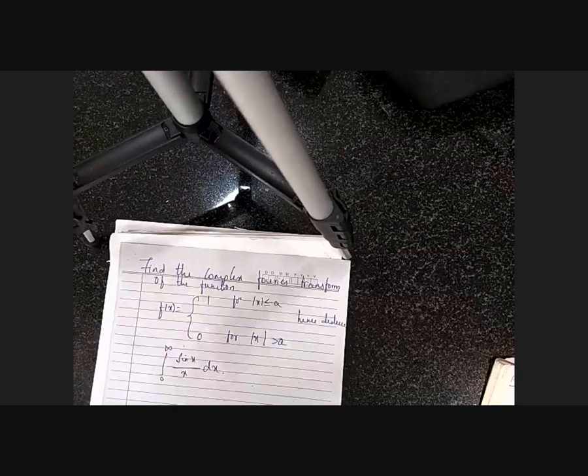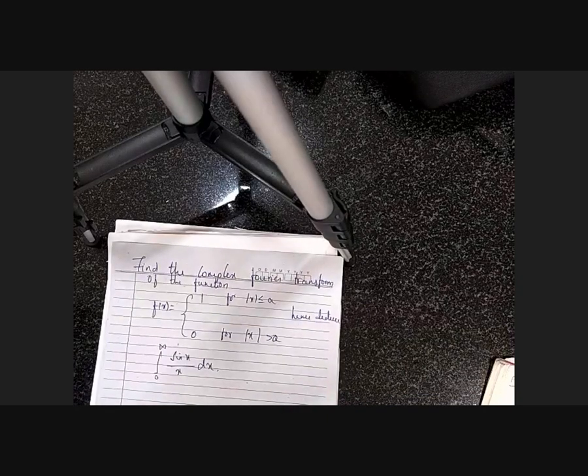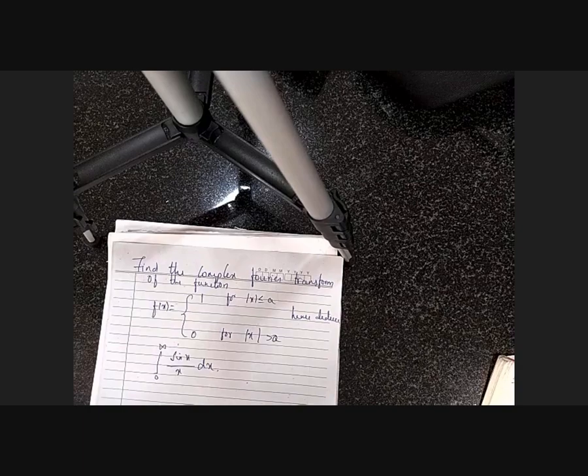Where this 1 by 2 pi is coming from, the derivation part is there in the textbook. Why the 1 by 2 pi comes, that is there in the textbook. You can just refer there. That explanation is not needed for the exam, and we won't use it in problems also.